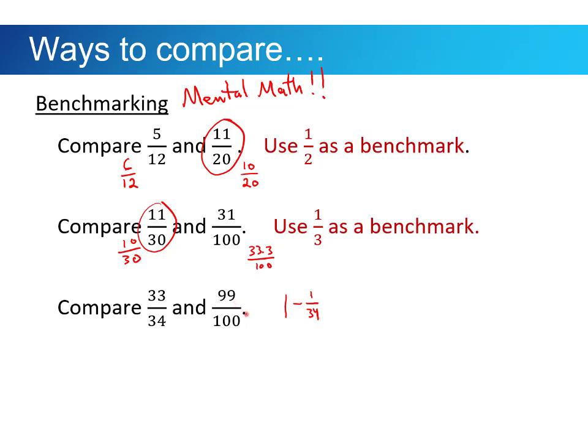And the 99/100, that's the same as 1 minus 1/100th. And maybe this helps us see which is the bigger number. Subtracting off a 34th is subtracting more than subtracting off a 100th. 100th is pretty small, and the 1/34 is bigger. So if I subtract less, that gives me the bigger fraction. So 99/100 is bigger.